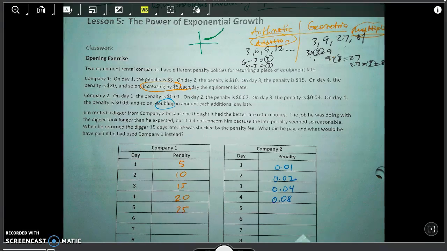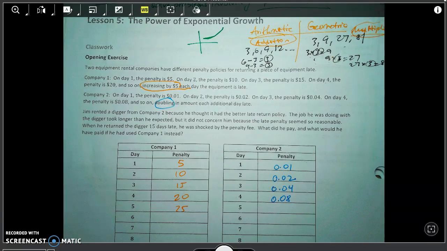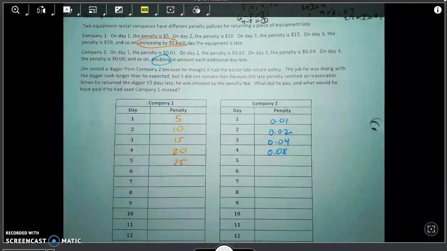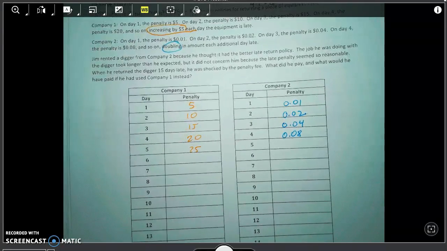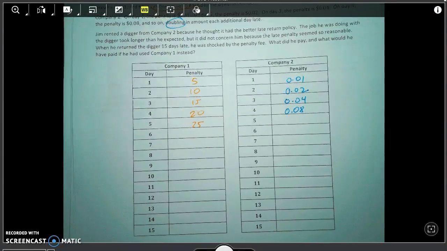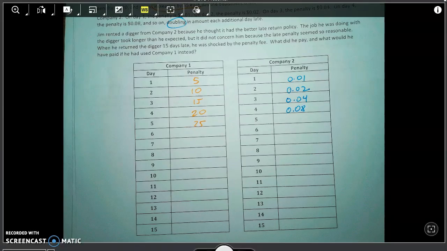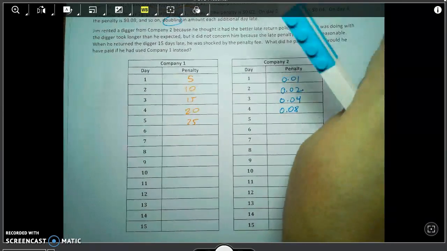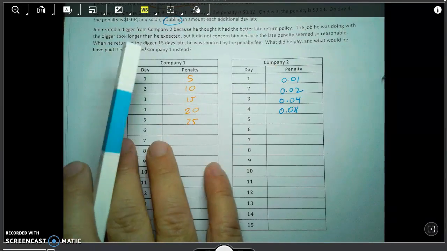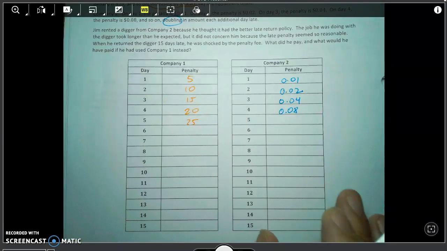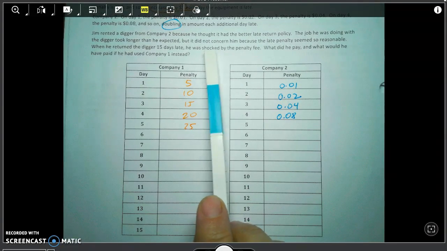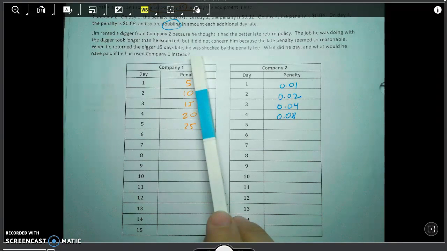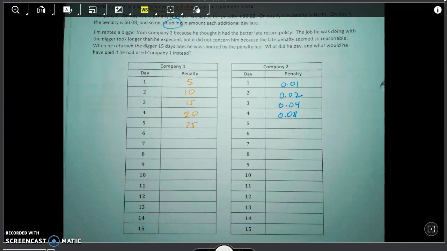Make sure you fill out both companies' charts all the way to day 15, to the bottom. So let's read the word problem at the bottom. Jim rented a digger from Company 2 because he thought it had a better late return policy.